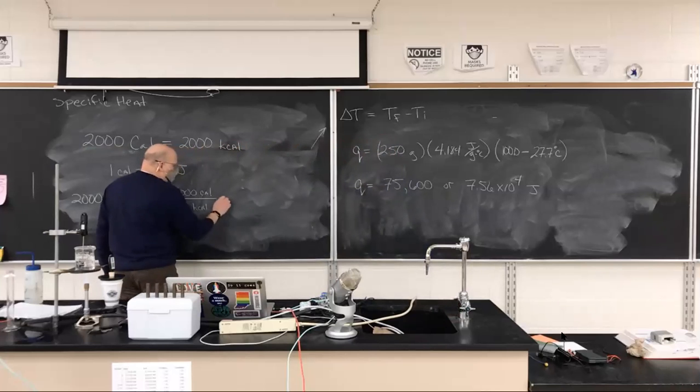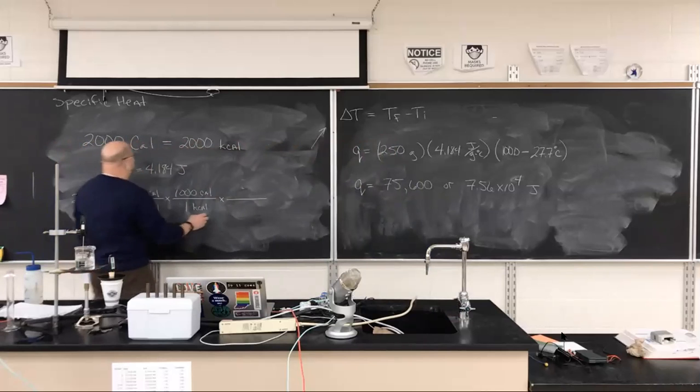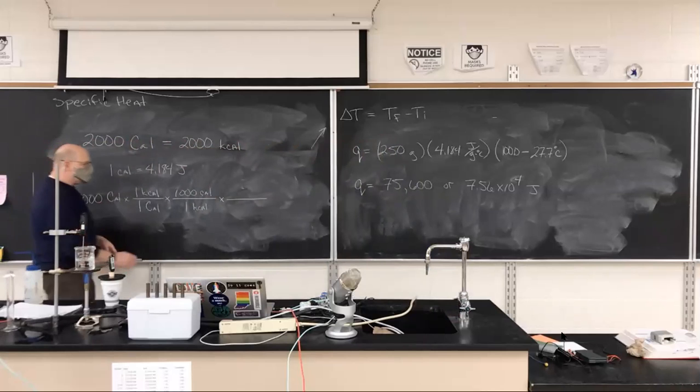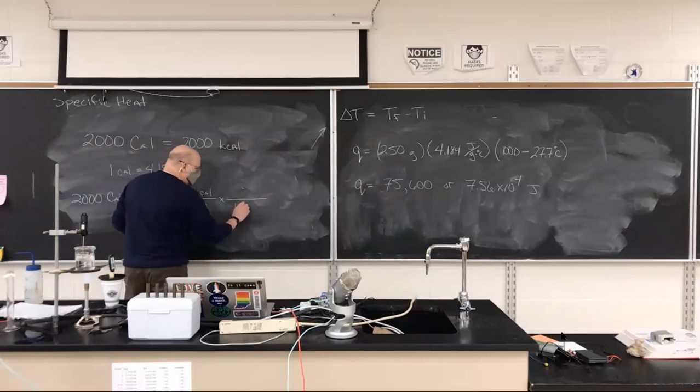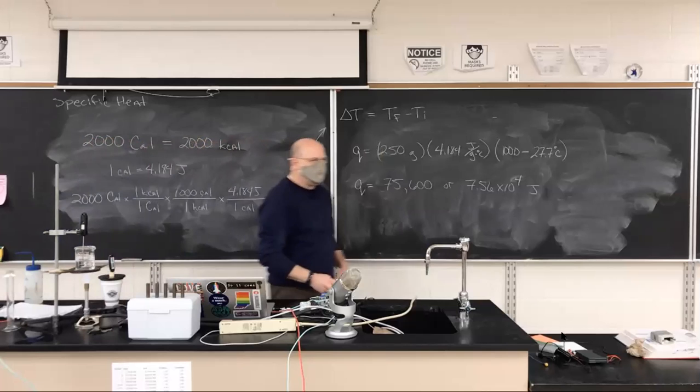Now we're going to take it on a little bit further. We're going to go to the joules so that we can make a comparison with the same units. Okay? So I just got done telling you that 1 calorie is equal to 4.184 joules. So 1 calorie, 4.184 joules. And what do you get? Put it in scientific notation for me.